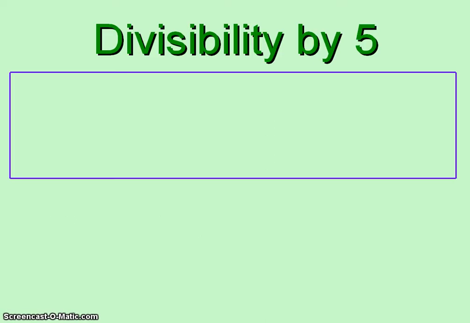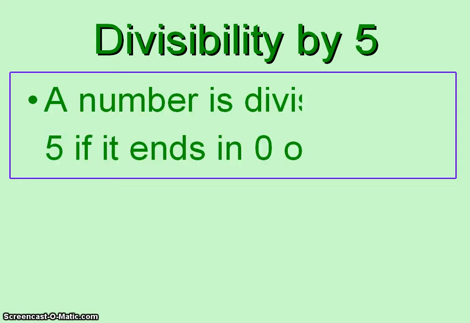The next rule that you're going to write on the back side of the flap that has the number 5 on it is divisibility by 5. A number is divisible by 5 if it ends in 0 or 5. Copy what's in the box on the back side of the flap that has the 5 on it.